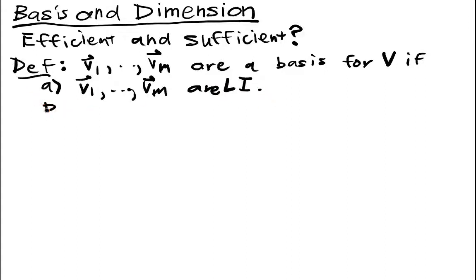The second condition is v1 up to vm span V, so they're sufficient representers.